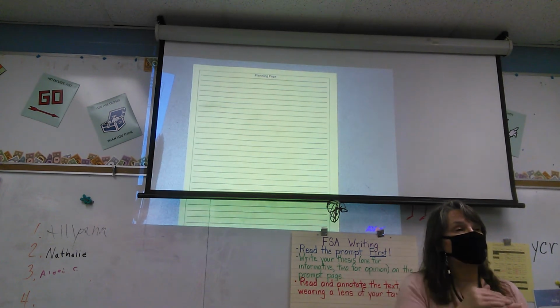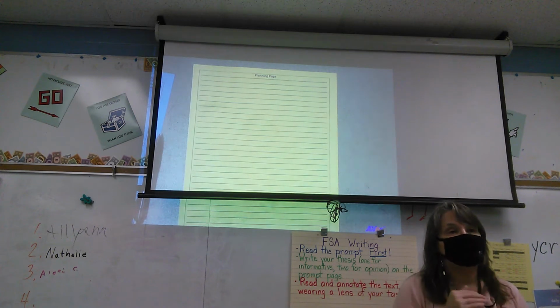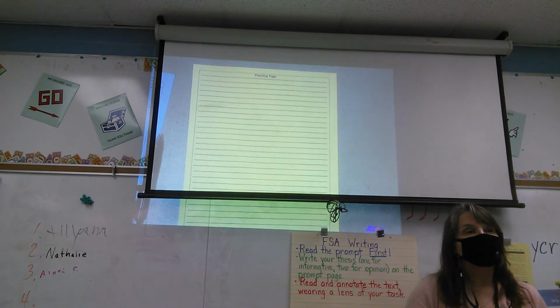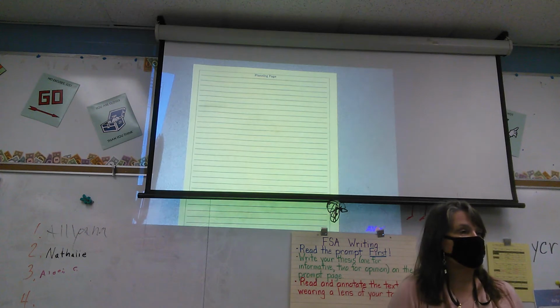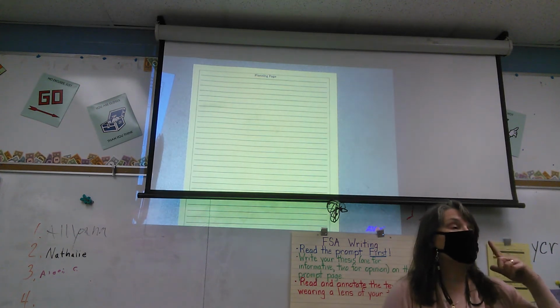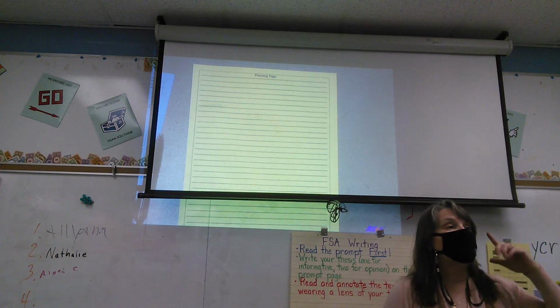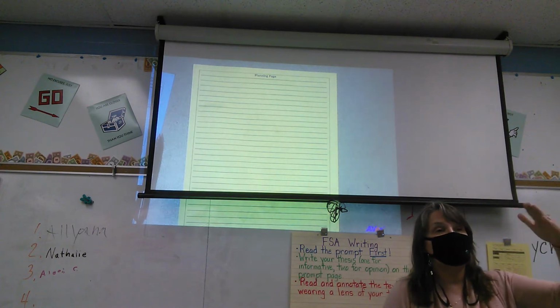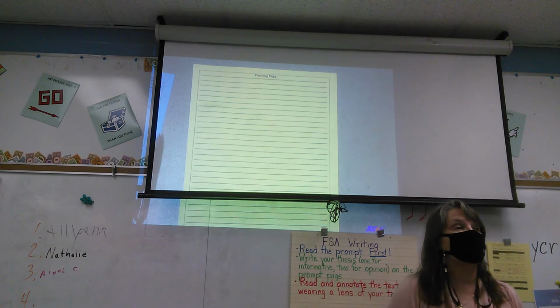If the article or the source is already broken into sections with headings, you read the whole section. If it's not, then you have to use your good reading senses to note when the author is shifting from one main idea to the other.